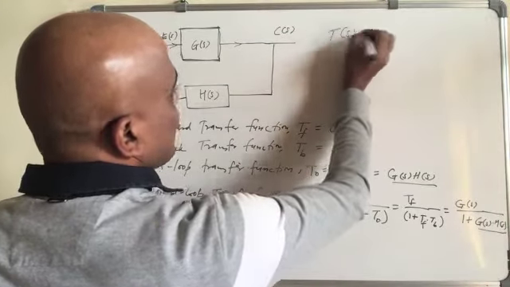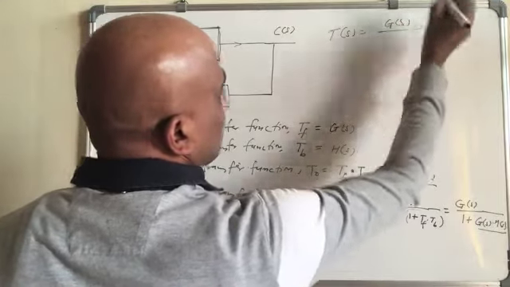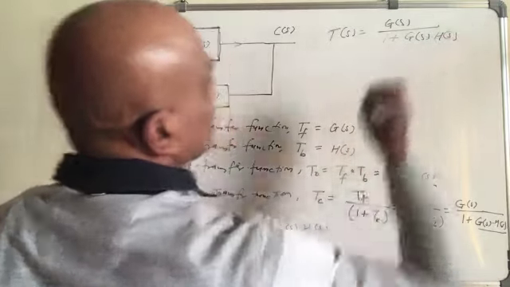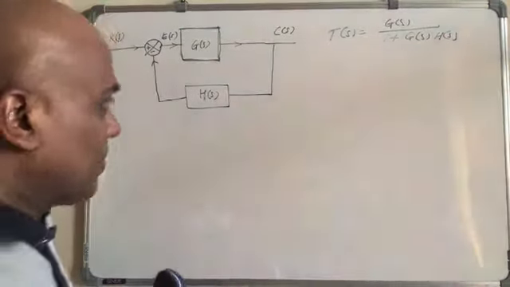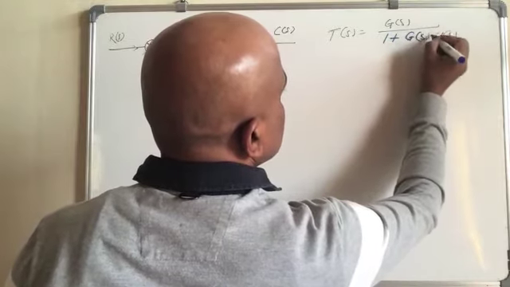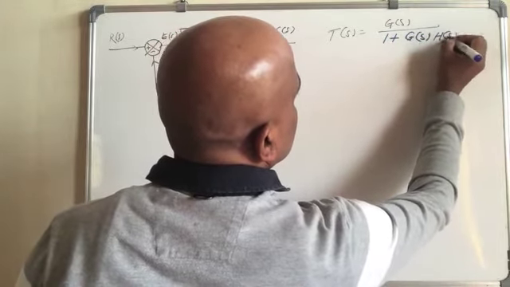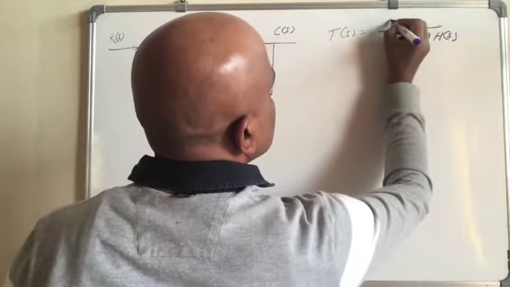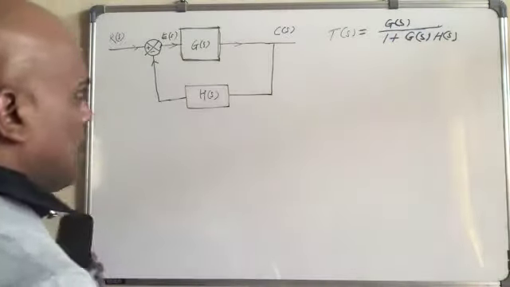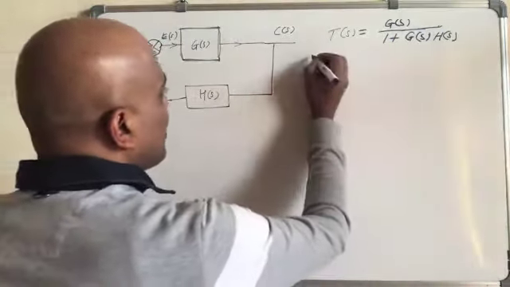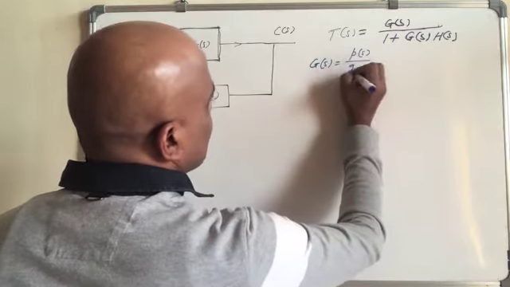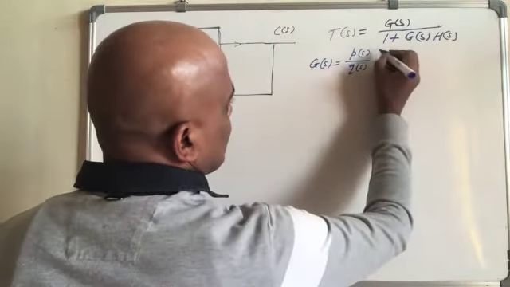T(s) will be G(s) over 1 plus G(s) times H(s). For a higher order system, we can write G(s) equal to, let us say, P(s) over Q(s), where these are polynomials.